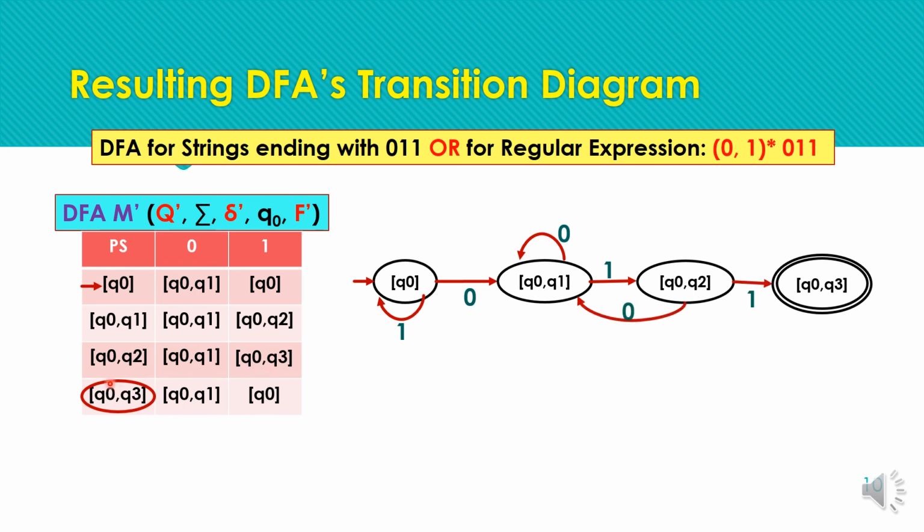Next, from Q0 Q3 for 0 we are moving back to the state we had, if you have attended the last lecture, after the pattern 0, 1, 1, if we encounter a 0 symbol, then we have to restart.